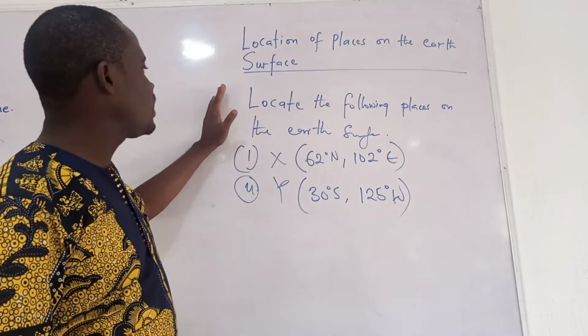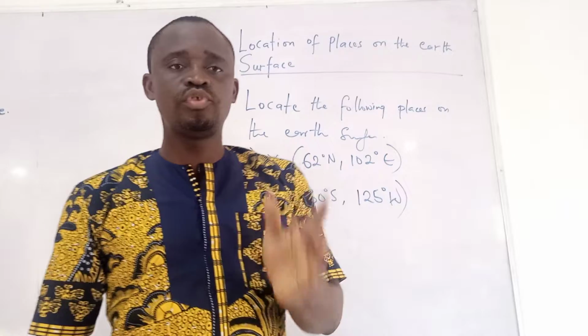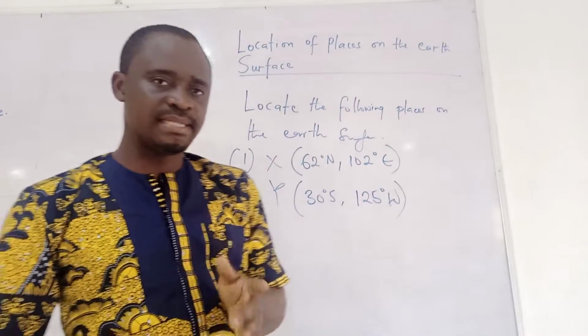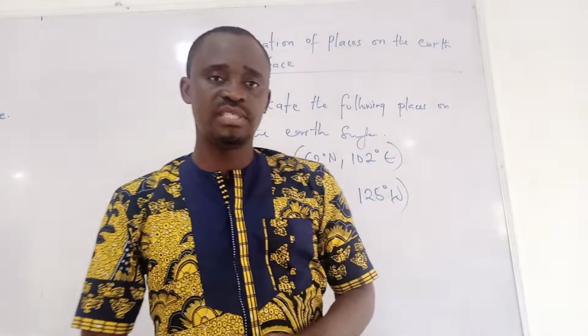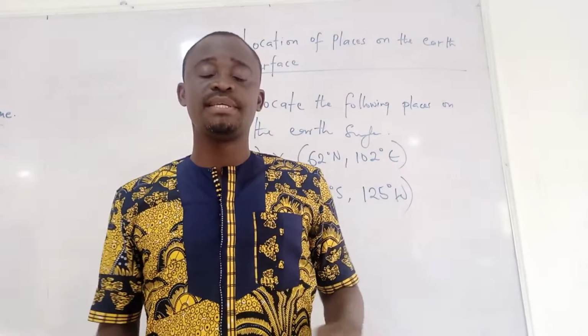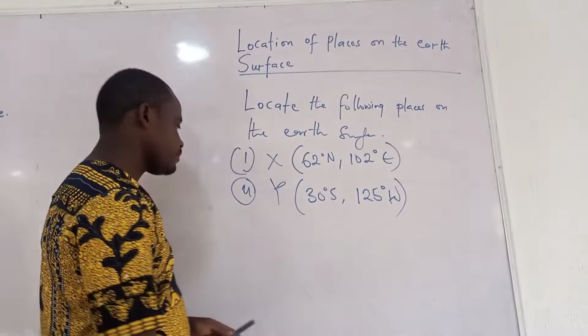When locating places on the Earth's surface, it is advisable to put your diagrams in a two-dimensional axis. When it comes to angles between two places on the Earth's surface, it's advisable to put your diagram in a three-dimensional axis. Let me start.